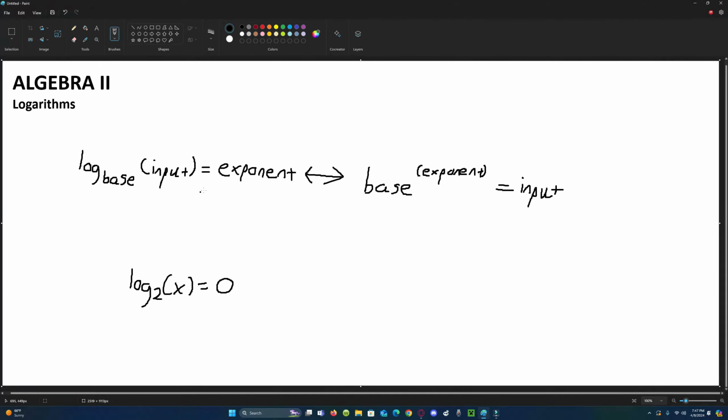But switching this to this format instead of the format that it's already in, we can just use the same thing. In this case, it would be 2 to the 0 power equals x. And x would be 1, because anything to the 0 power is 1. And then we have other problems like this.